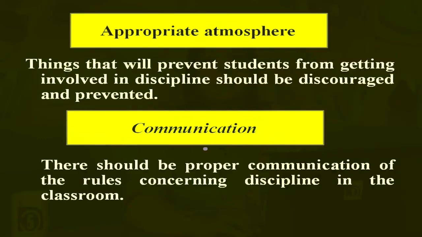Next is appropriate atmosphere. Things that will prevent students from getting involved in discipline should be discouraged and prevented. Communication. There should be proper, good communication of the rules concerning discipline in the classroom.